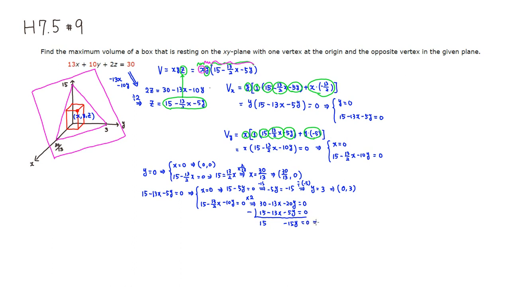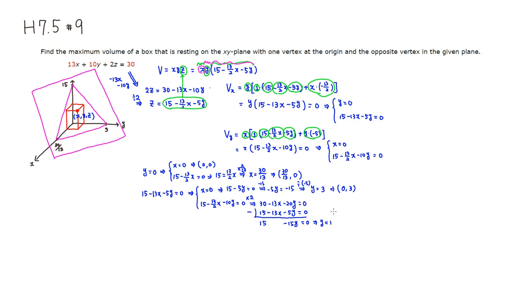Wait, 15 minus 15y is equal to 0, so you can see that this is pretty clear: y equals 1. If you know that y equals 1, you can plug it into any of these equations. I'm going to just plug it into this one here.